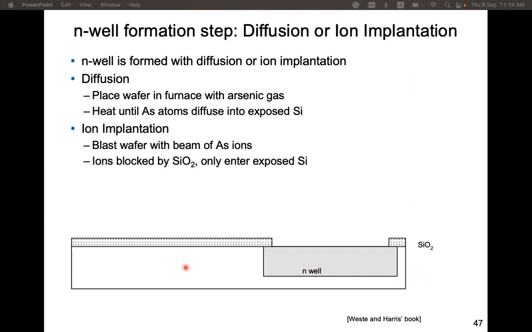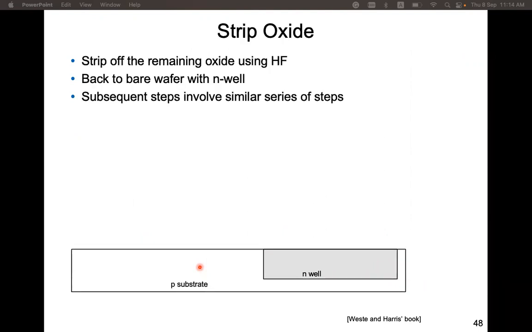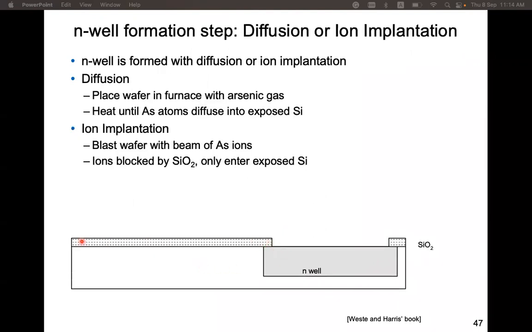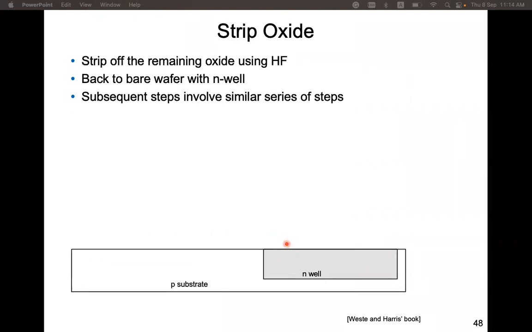Others remain protected. And last, for this N-well formation is to strip off this protective oxide layer. Now the N-well is formed. You see, even for a simple process like forming an N-well, it involves a lot of steps.